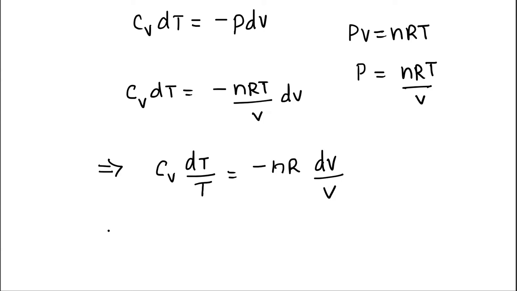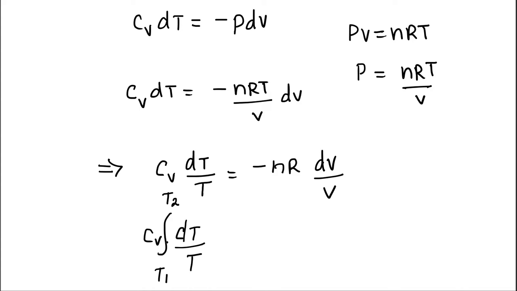So now let's integrate on both sides. The temperature change is from T1 to T2 and the volume is changing from V1 to V2.